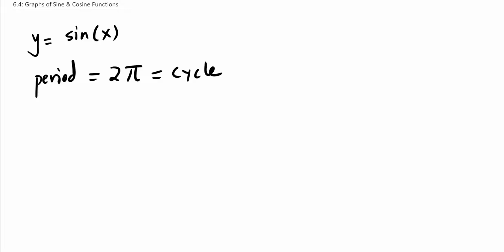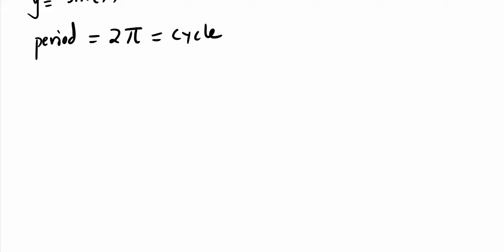I think about it the same way as graphing algebraic functions, like a straight line or a parabola. We used points in the past to graph those functions. Same thing with trigonometric functions: I graph sine and cosine using points.